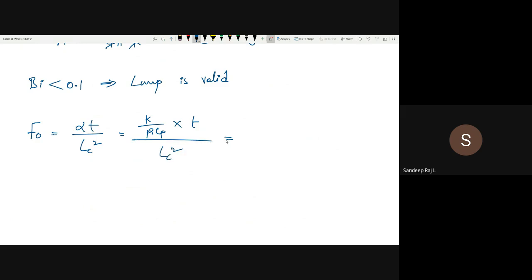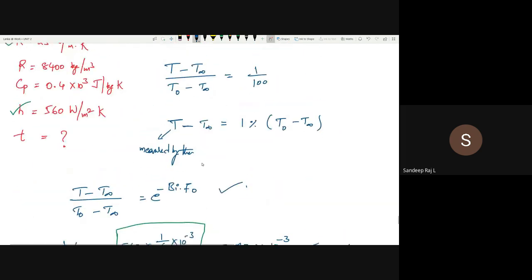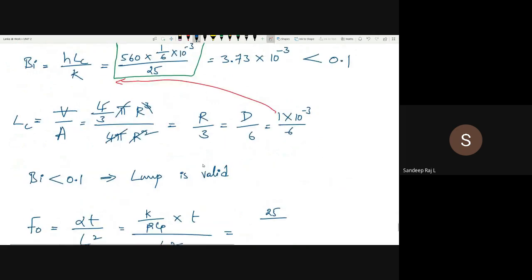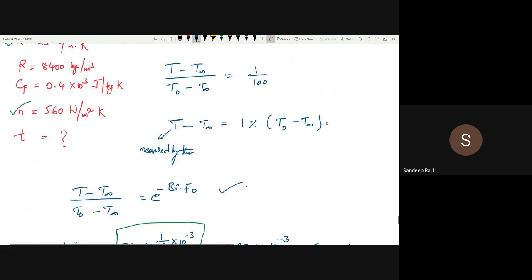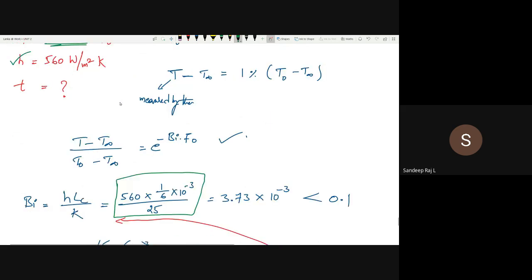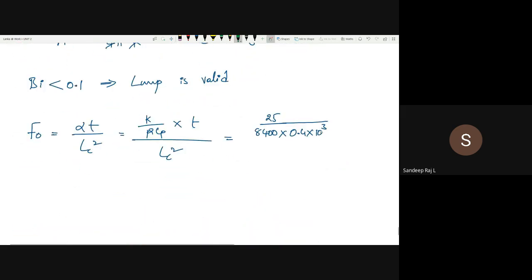The k value is given in the question, it is 25, and the rho value is also given, it is 8400. The Cp value is also given, it is 0.4 into 10 cube. Substitute that.